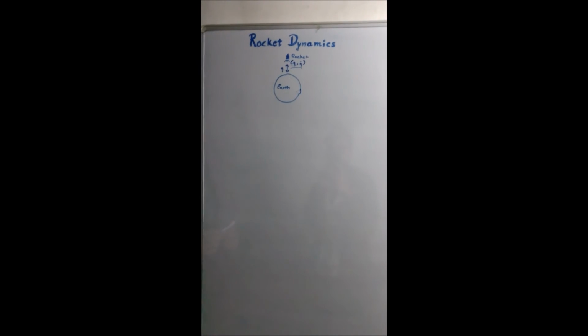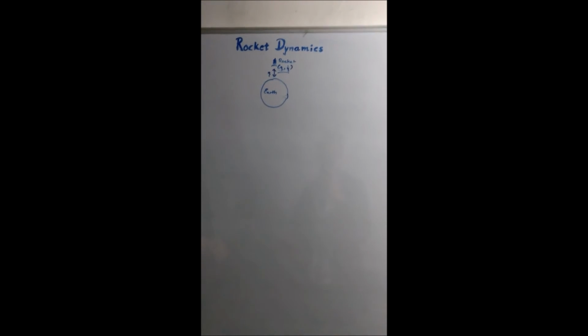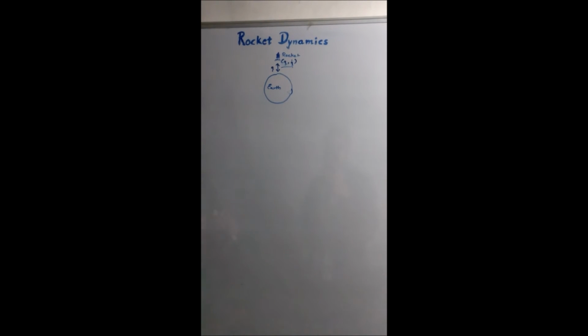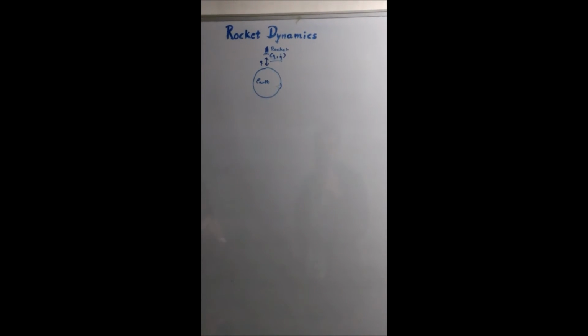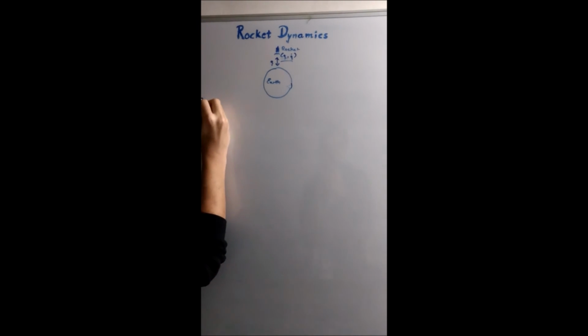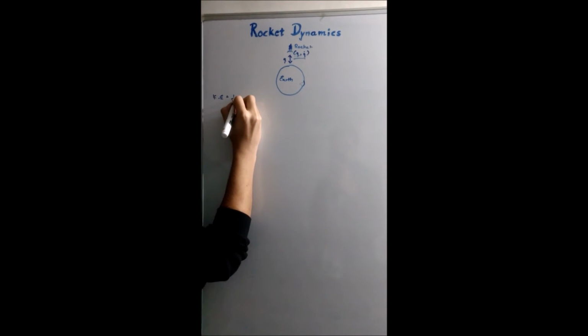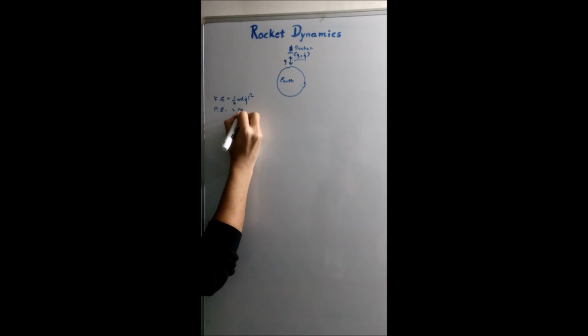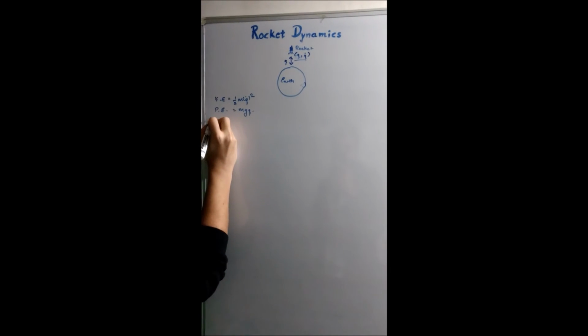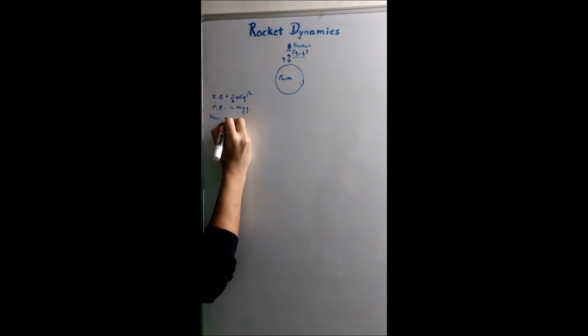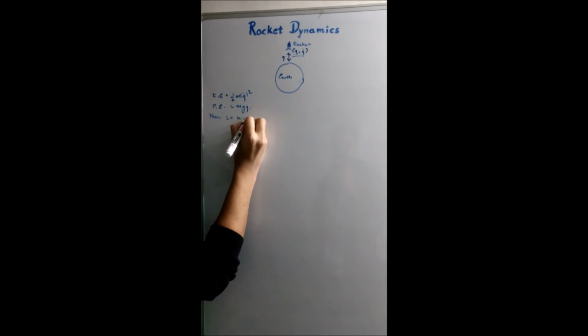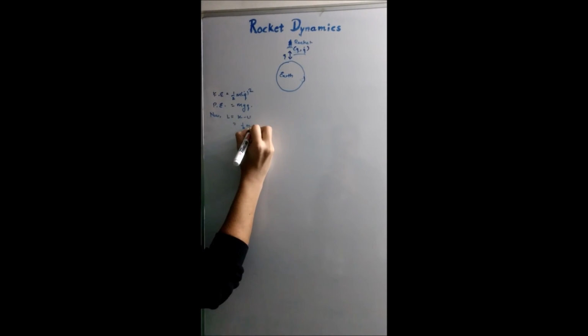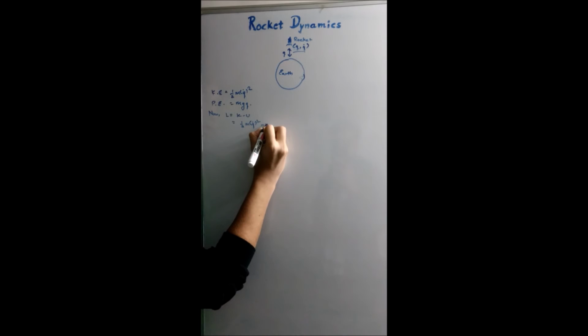Study about rocket dynamics. Consider a rocket with attributes q and q dot, and the mass of the rocket at the given instant is m. So we have kinetic energy equals half m q dot squared, potential energy equals mgq. Now Lagrange's equation is given by L = K - U, which we get as half m q dot squared minus mgq.